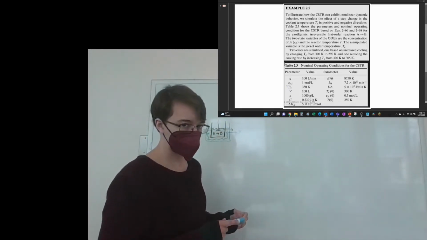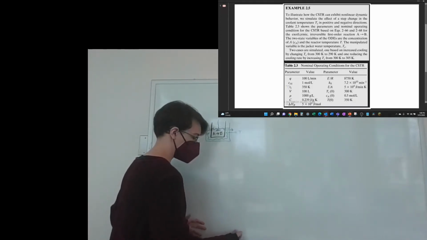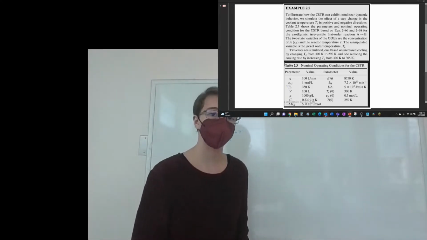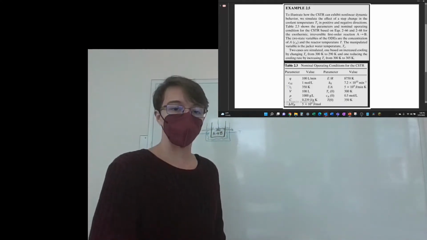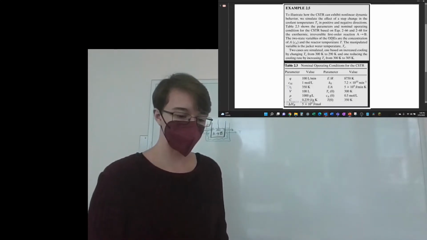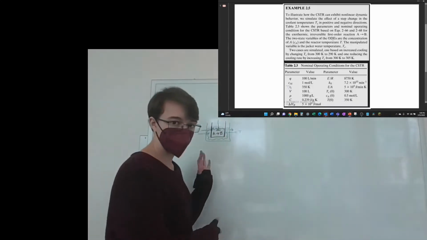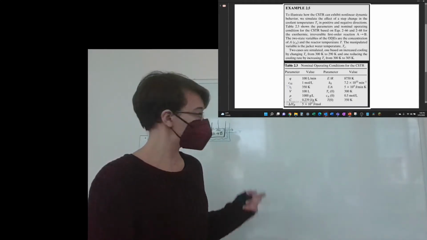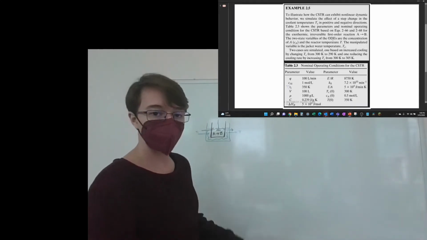Next, let's look at some of the variables that we have been given. Or, well, maybe first we should figure out what we're trying to simulate. It says that the two state variables of the ordinary differential equations, which I'm going to show you how to derive, are the concentration of A, which is our reactant, and the reactor temperature.